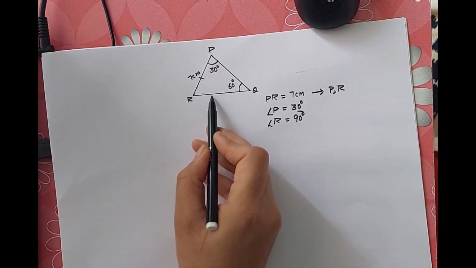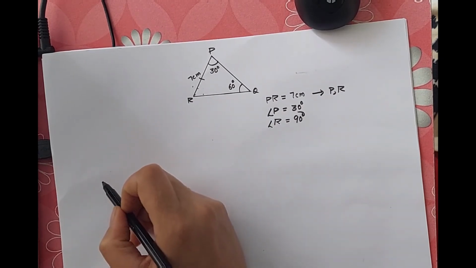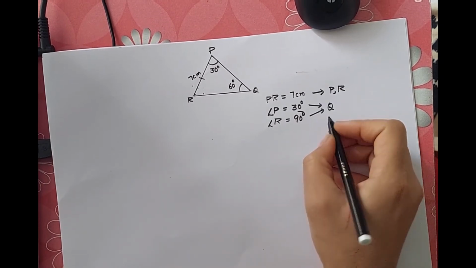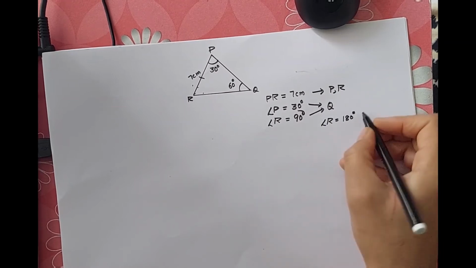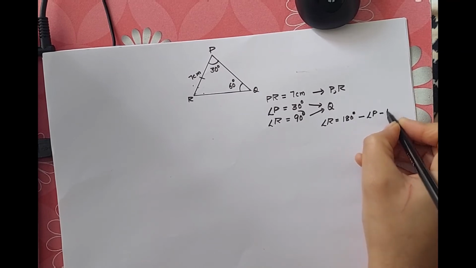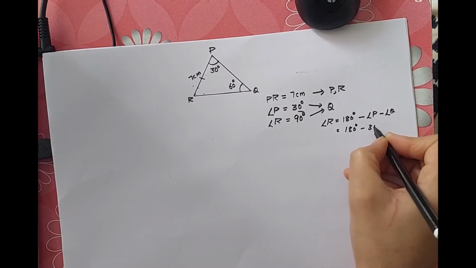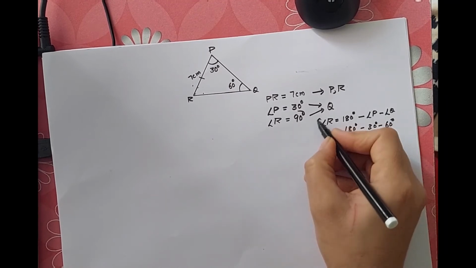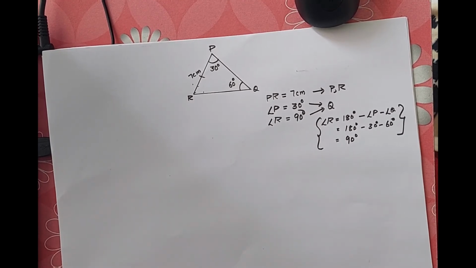It means it's not impossible to construct a triangle in which PR is 7, angle P is 30 and angle Q is 60 degree. And from here we can actually get Q. Angle R equals 180 degree minus angle P minus angle Q, which is 180 degree minus 30 degree minus 60 degree, which equals 90 degree. This can be submitted as reason, if asked, or if you want to satisfy your construction.